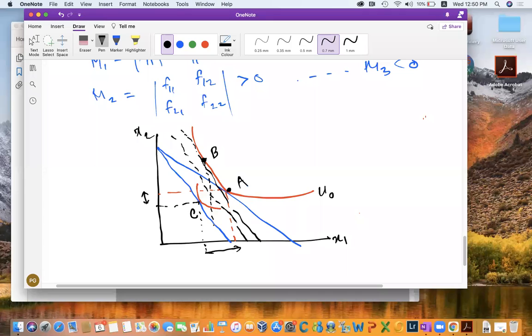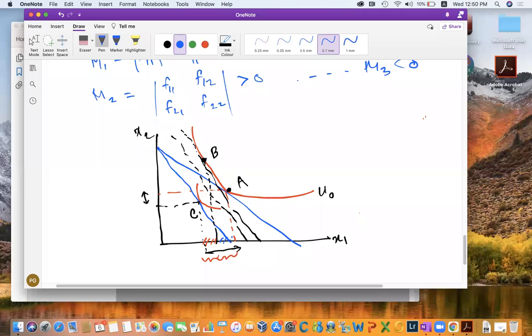So now we'll think of the effect of the price change on, let's say, the consumption of good one as consisting of these two parts, right?